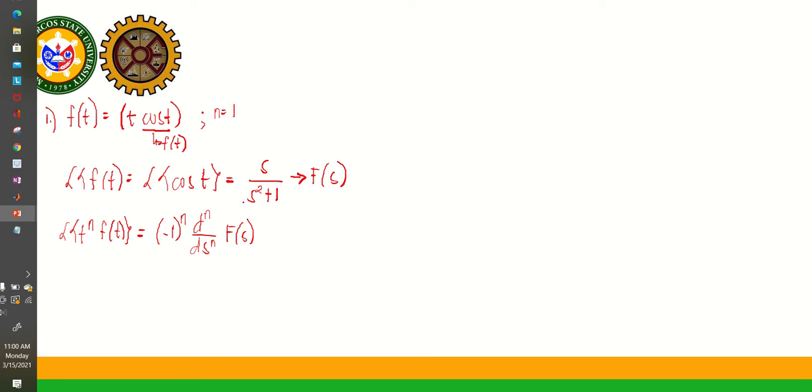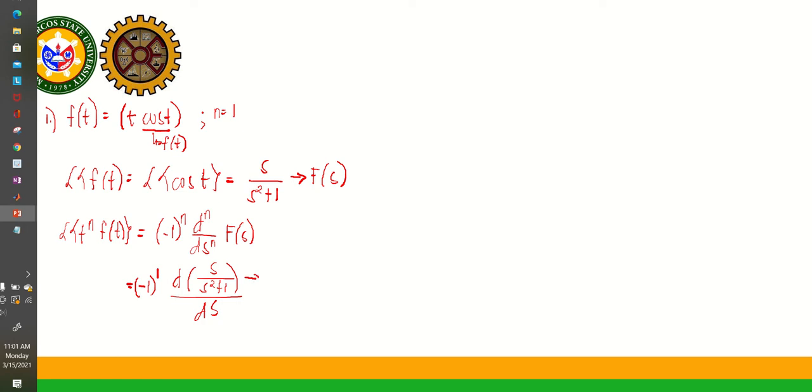So, we are going to get the first derivative of this function. So, this is equal to negative 1 raised to n, which is 1, times the derivative of s over s squared plus 1 over ds. So, we are going to get the derivative of this with respect to s.